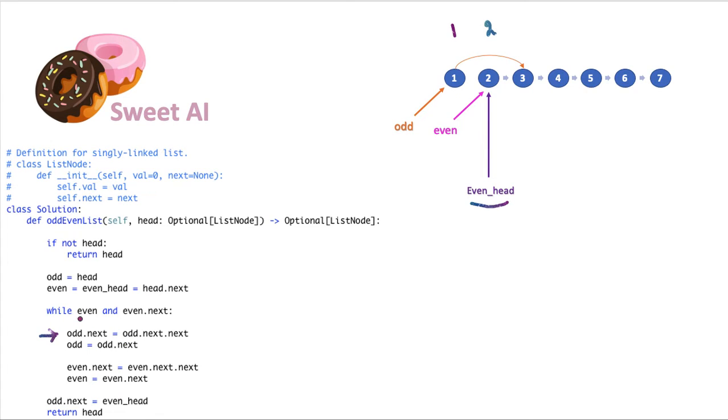We are going to check if there is an even node and there is a node after that, and if there is, we are going to point the odd index to the index two after the odd one, right? To point at index 3, right?